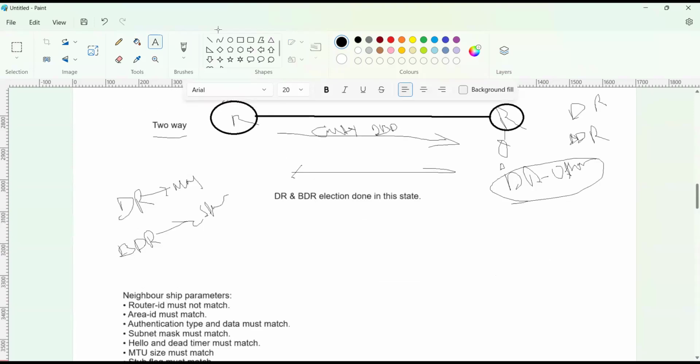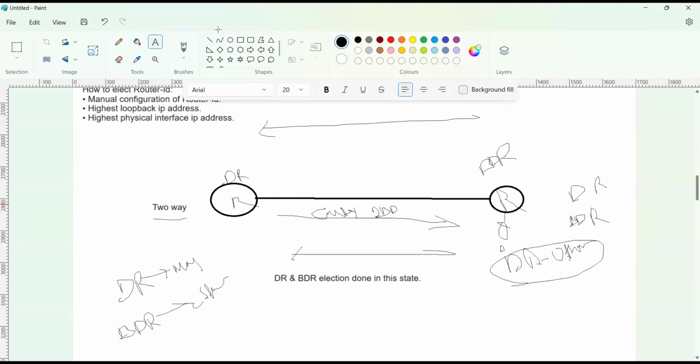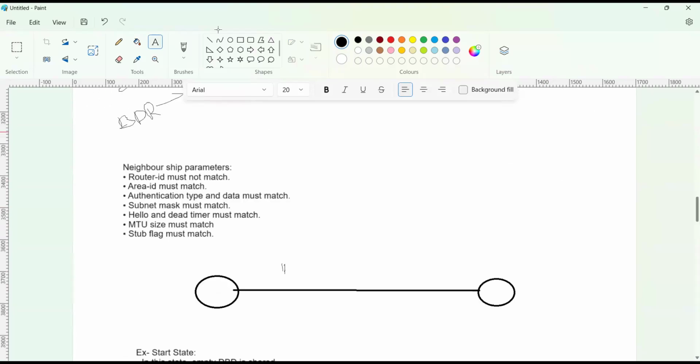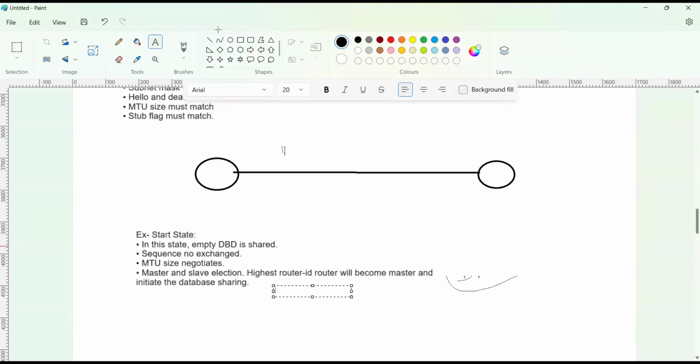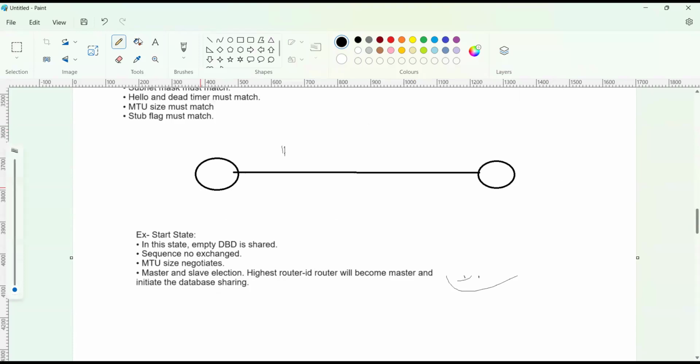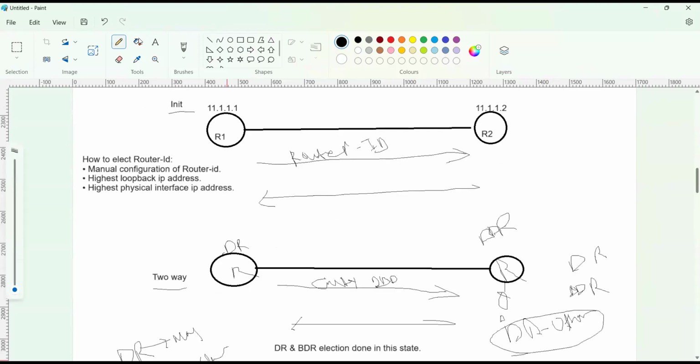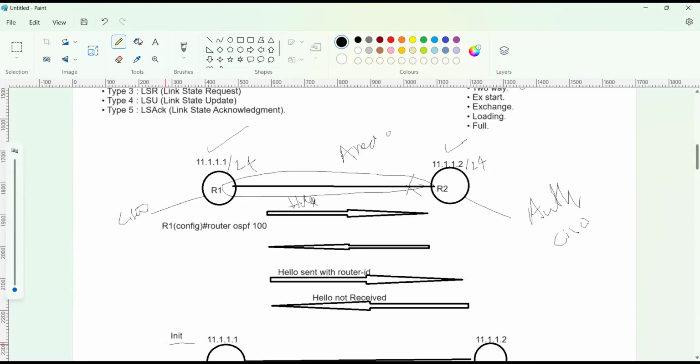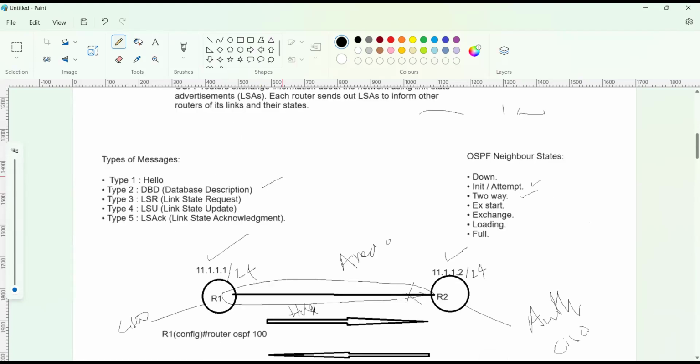And here I mentioned that empty DBDs will be shared, and in that, empty DBDs continue here also, only empty DBDs. In this state, they are not sharing any routing information. DBD, database description, what does it mean? Till we have message 2 only.